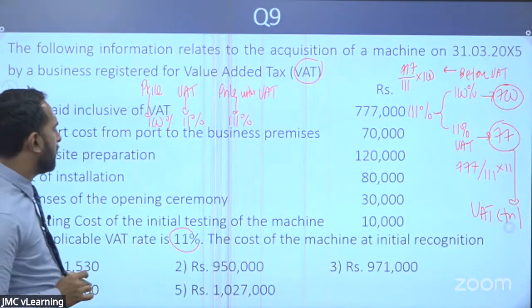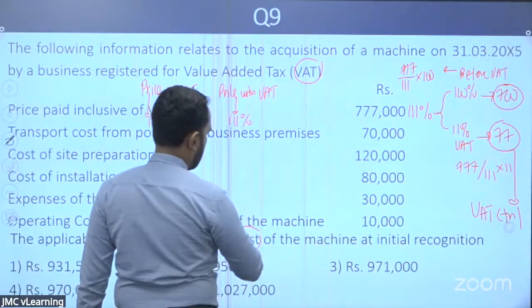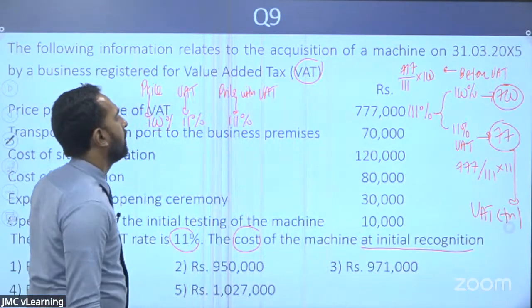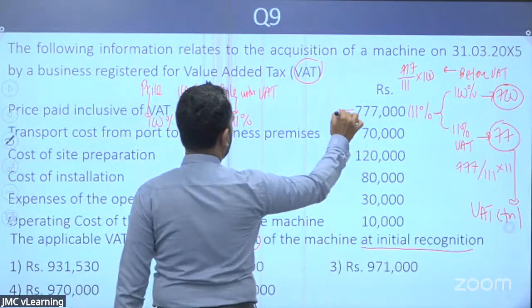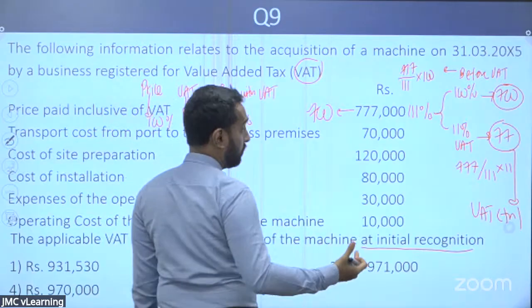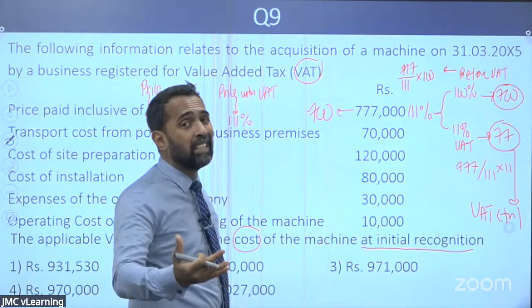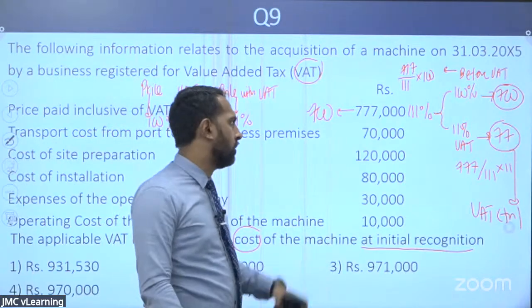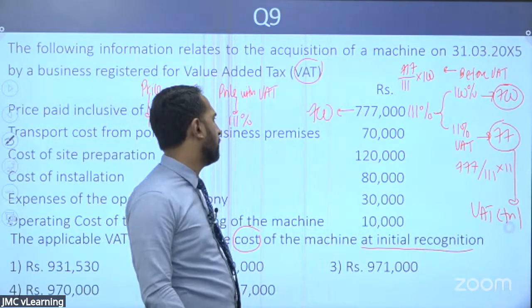They are asking you to calculate the cost of the machine at initial recognition. So from this 777, what we need to take is 700, because the amount you are paying to purchase the asset will be part of your cost anyway.